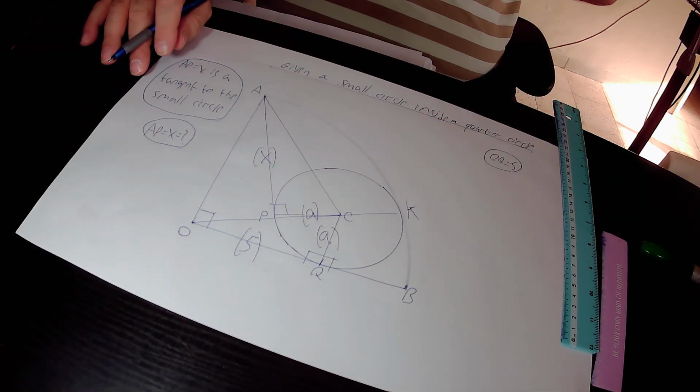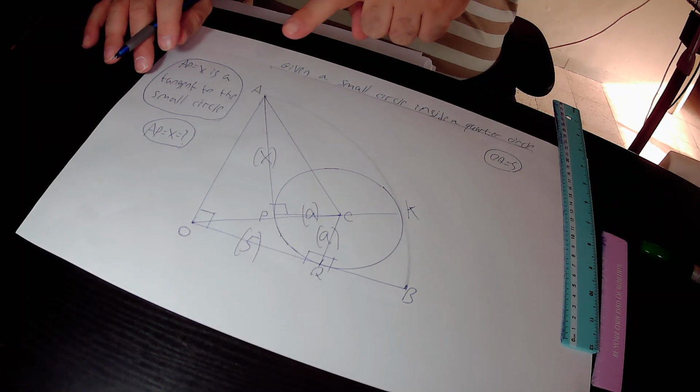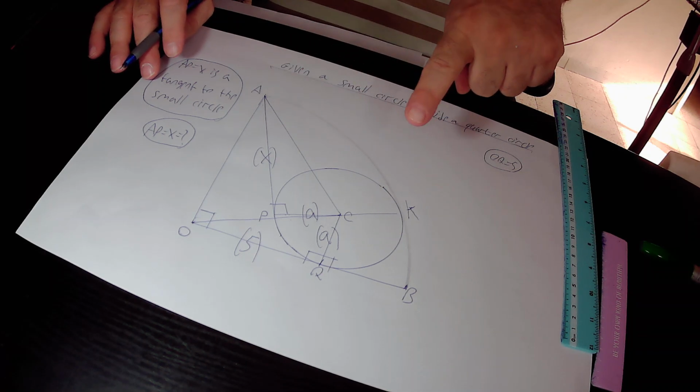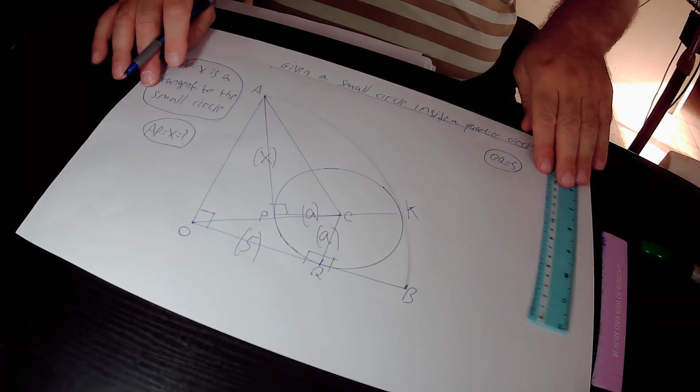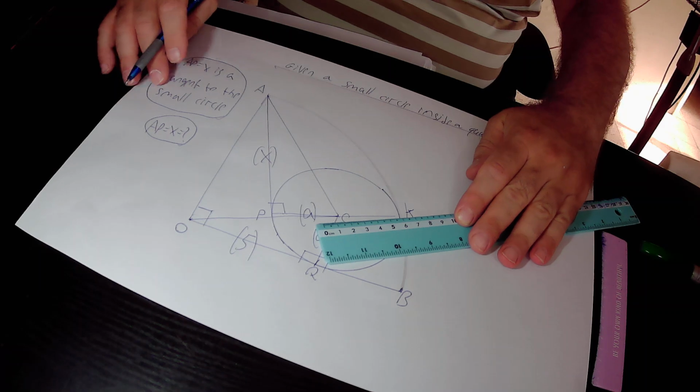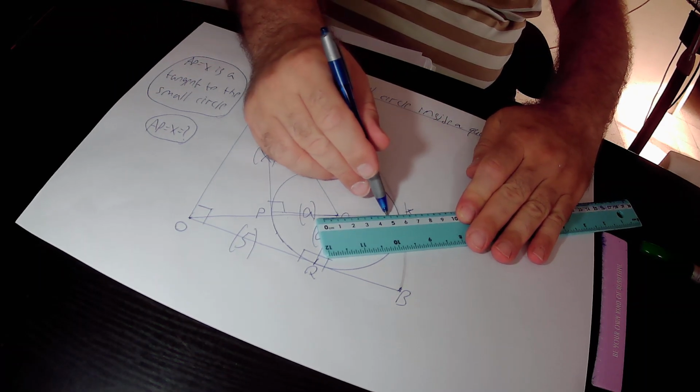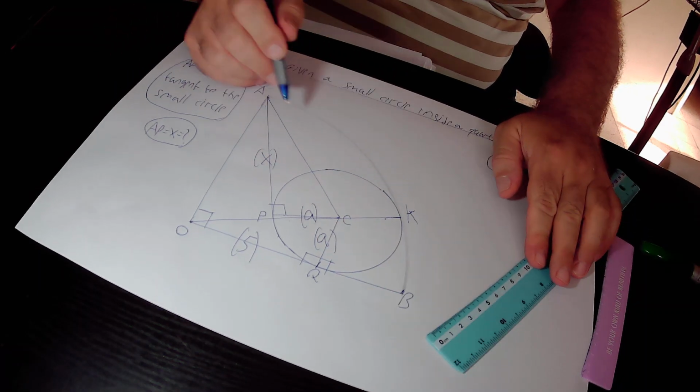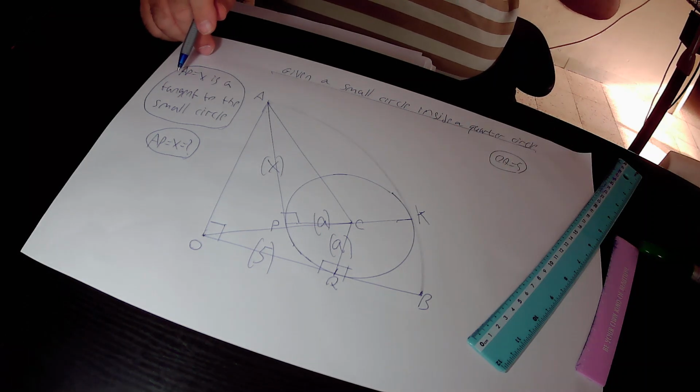So it is very easy to see that the straight line OC indeed passes through point K, exactly according to rule 9.